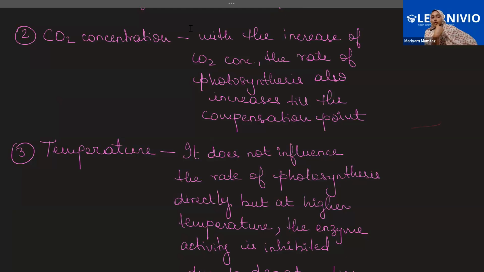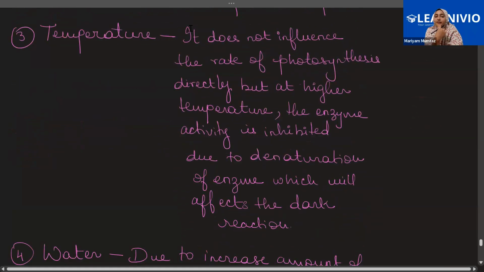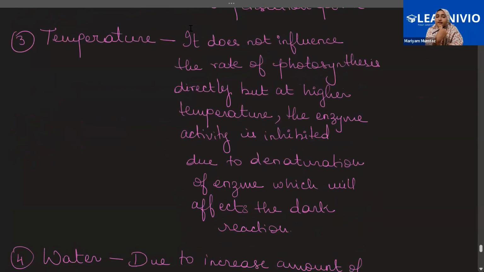So that is CO2 concentration. Then comes the temperature. Temperature does not influence the rate of photosynthesis directly, meaning even if it is cold or hot, in winter, autumn, spring, any season, photosynthesis keeps on going.